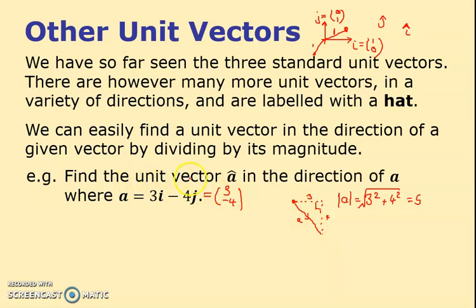It says find a unit vector. Well, I know unit vectors have length, magnitude 1. So this is 5 times bigger than I want it to be. Okay, so the way I find a hat now is I go, well, it's whatever it was before, not times by, divided by 5, and the way we divide by 5 is to times it by a fifth.